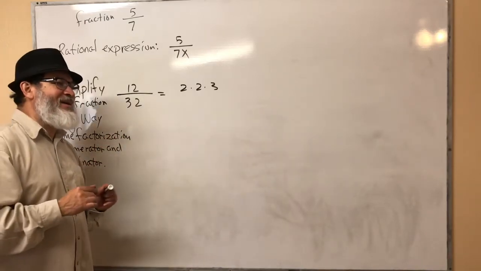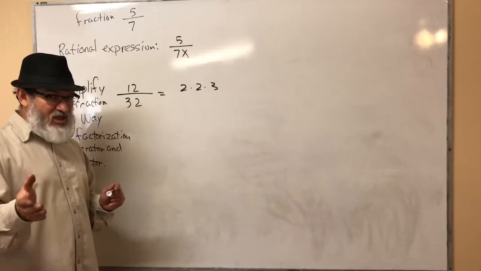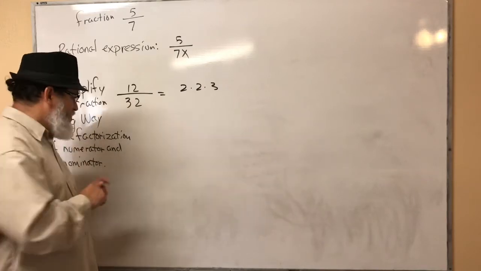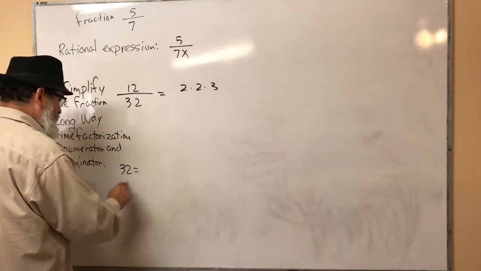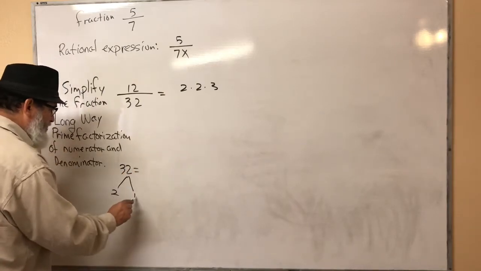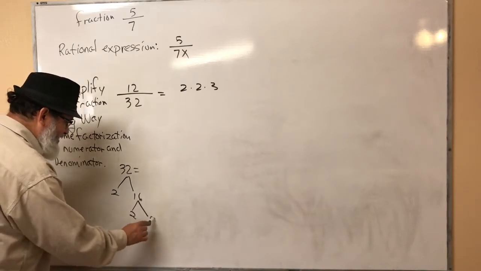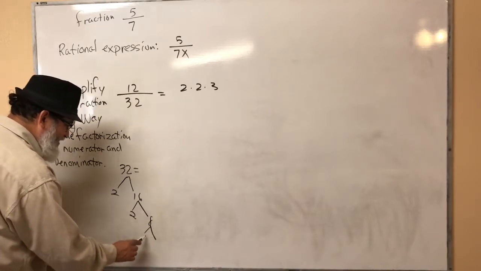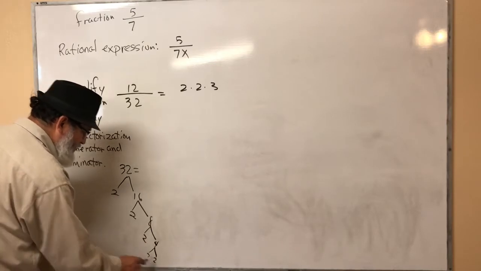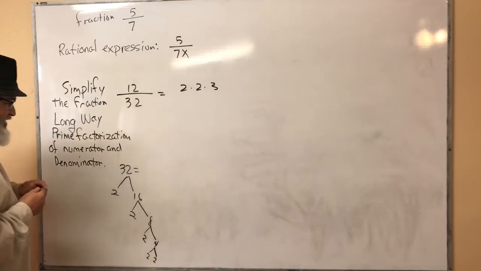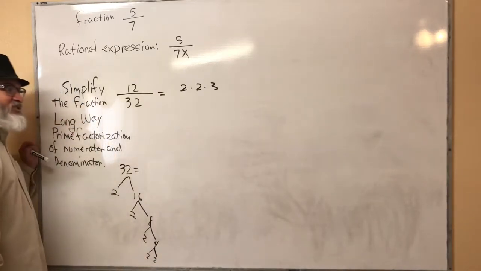32. 32 is 2 times 16. 16 is 2 times 8. 8 is 2 times 4, and 4 is 2 times 2. So therefore, 2 times 2 times 2 times 2 times 2 is 32.